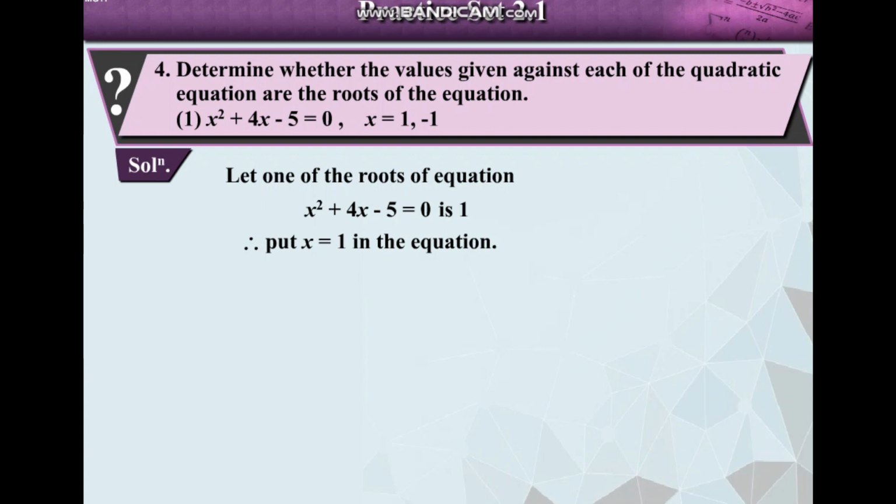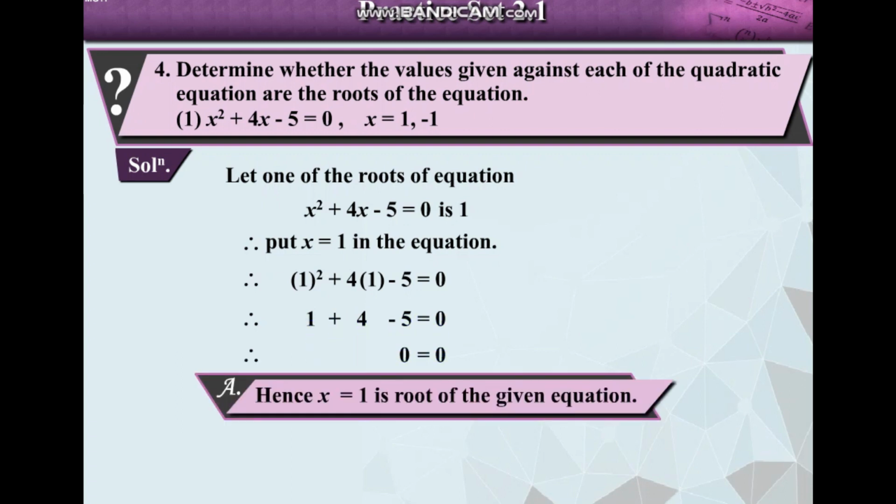Therefore, put x is equal to 1 in the equation. Therefore, 1 square plus 4 multiplied by 1 minus 5 is equal to 0. Therefore, 1 plus 4 minus 5 is equal to 0. Therefore, 0 is equal to 0. Hence, x is equal to 1 is a root of the given equation.